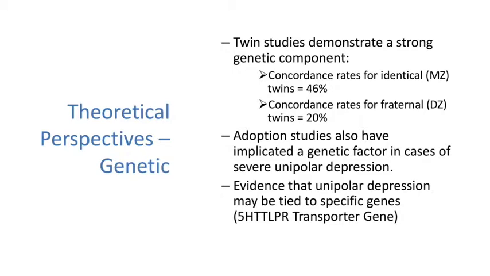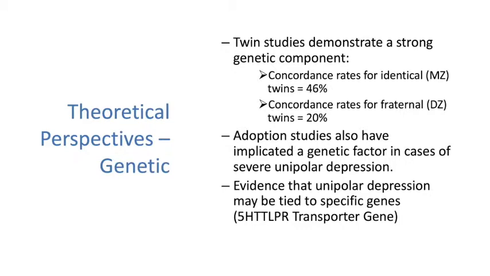And there have been a number of genes that have been associated specifically with unipolar depression. One of which is this 5-HTT-LPR transporter gene, which works to transport the neurotransmitter serotonin across the brain. So some evidence has now shown abnormalities in this particular gene and the later development of unipolar depression.